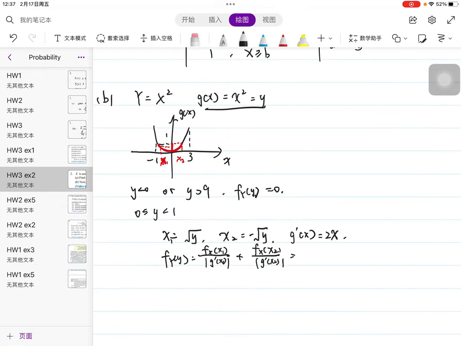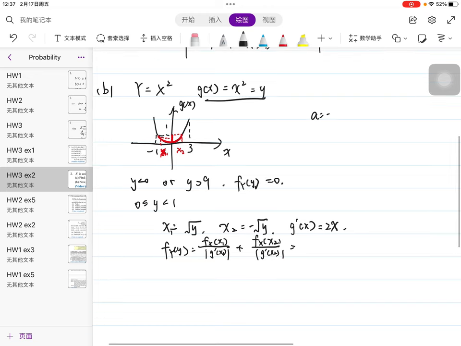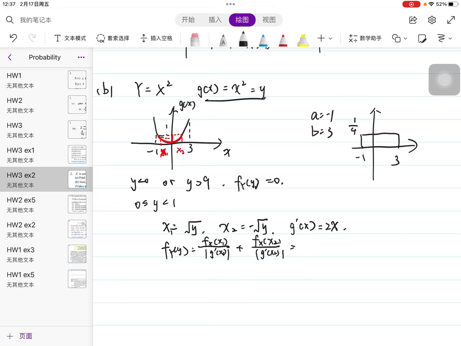And since a equals -1, b is 3, since y is between 0 and 1, x is also between 0 and 1.